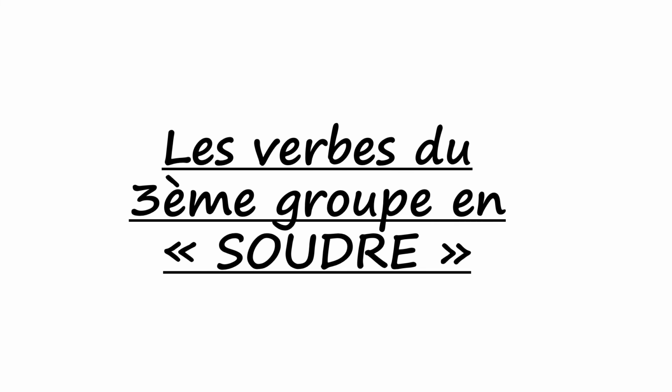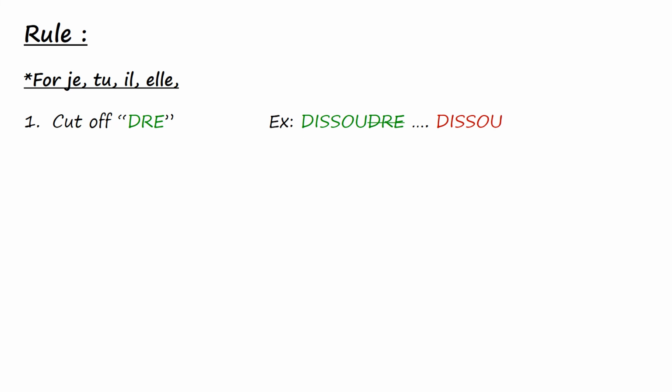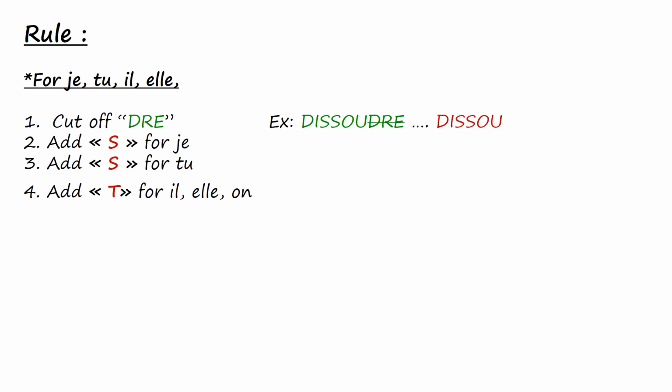Finally, the last category, the verbs ending in SOUDRE. It is one ending, it's not a verb. The rule is, for je, tu, il, elle singular, we remove DRE and with the radical D-I-S-S-O-U, we add S, S, T according to the subject.